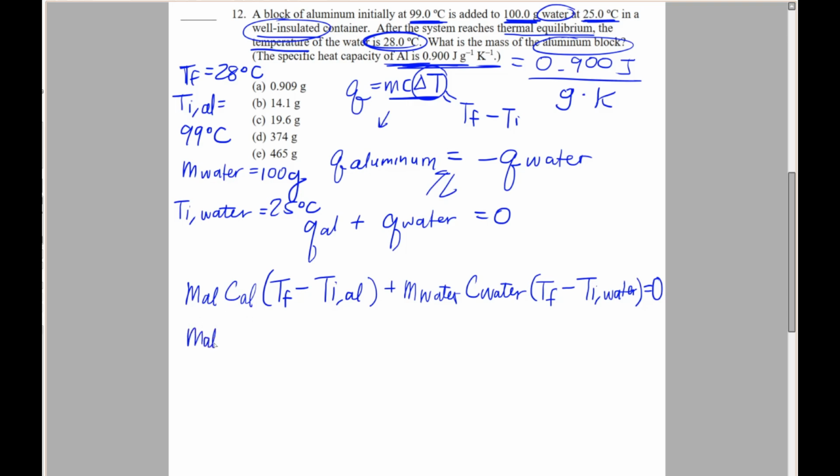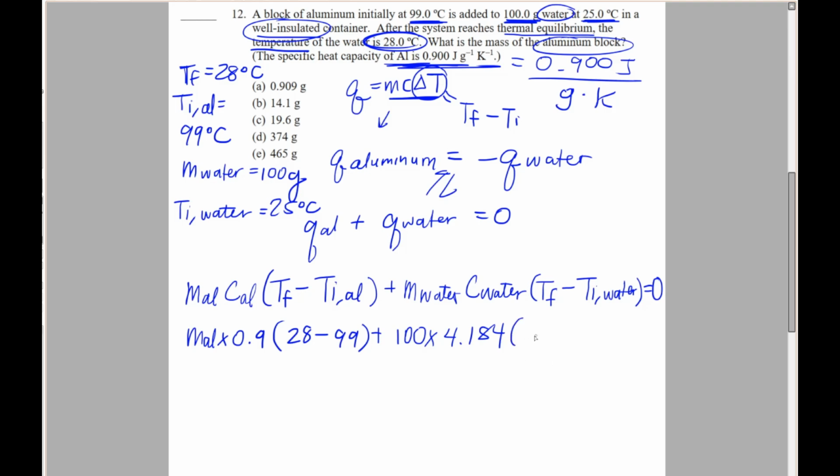So mass of the aluminum times this specific heat times the final temperature minus the initial temperature, plus the mass of the water, which is 100 grams, times the specific heat capacity of water, which should be given on the equation sheet, and should be 4.184 in the same units as what were given for aluminum.